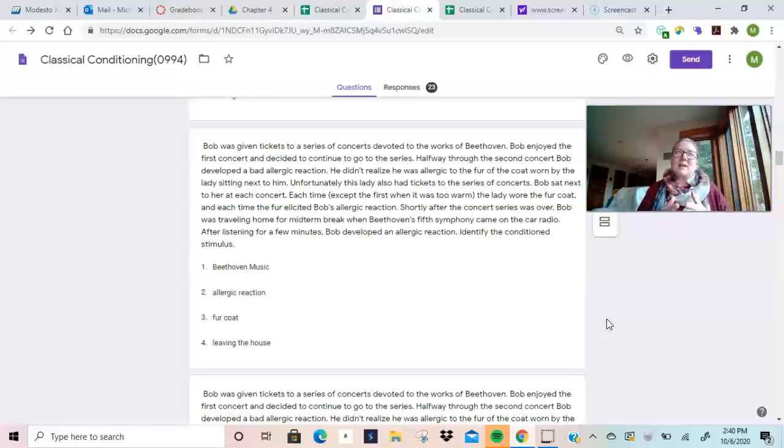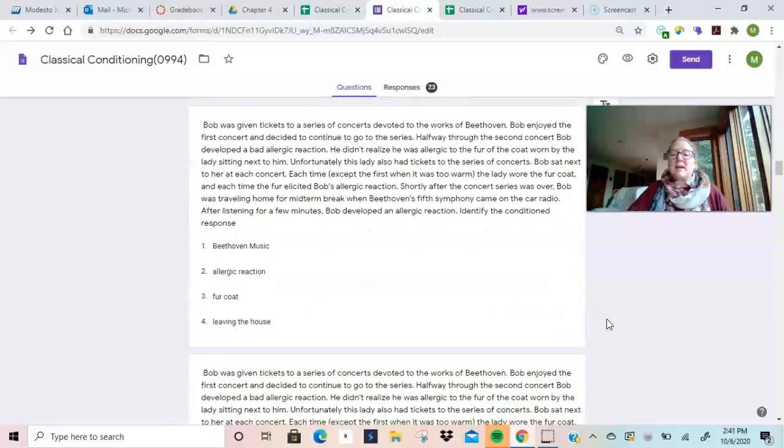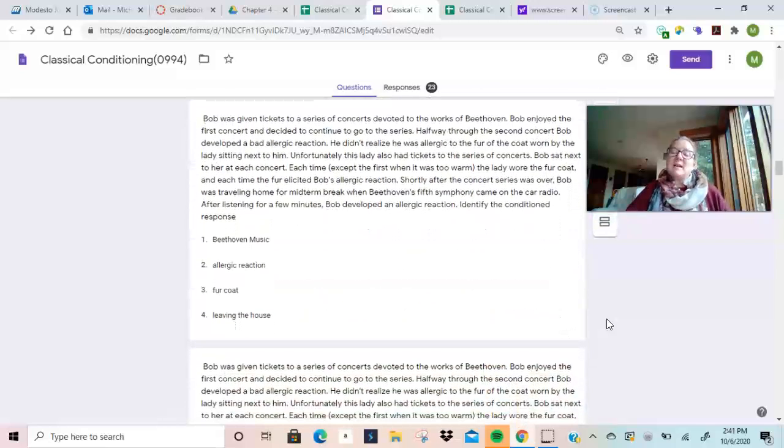It's like in Pavlov's experiment, the bell being rung with the food being presented, right? So Beethoven's music goes along with the fur coat. So Beethoven is the conditioned stimulus, and again, the conditioned response is having another allergic reaction.